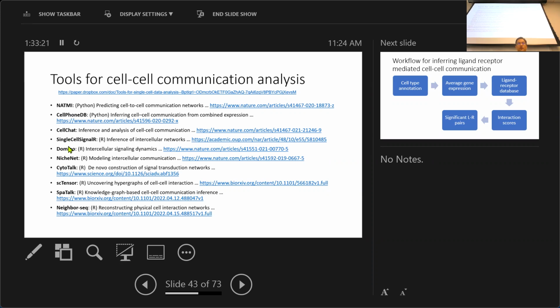Some of these are useful because they not only consider one pair of ligand receptor, they probably consider three or a set of ligand receptors. They know they work together all the time.